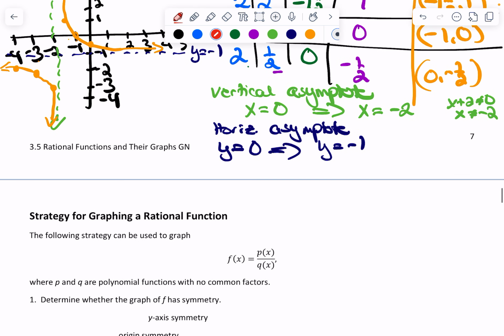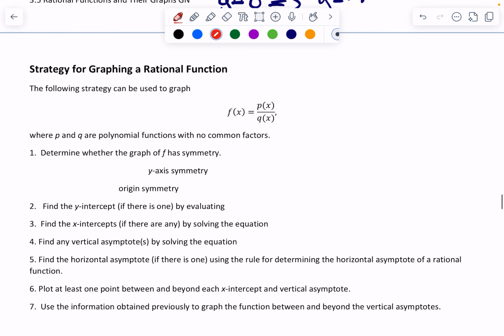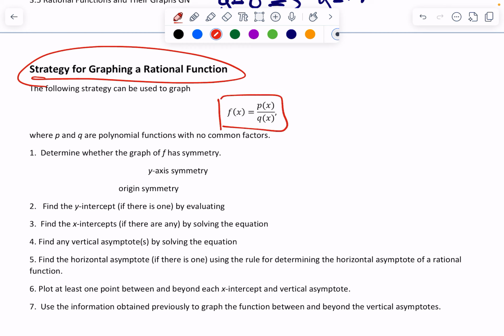Next, we're going to look at a strategy for graphing a rational function. The following strategy can be used to graph f of x equals p of x over q of x, where p and q are polynomial functions with no common factors. First, we determine whether the graph of f has symmetry.